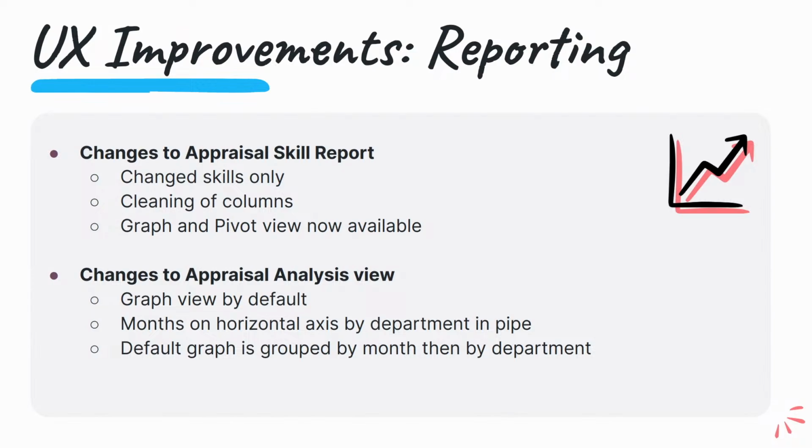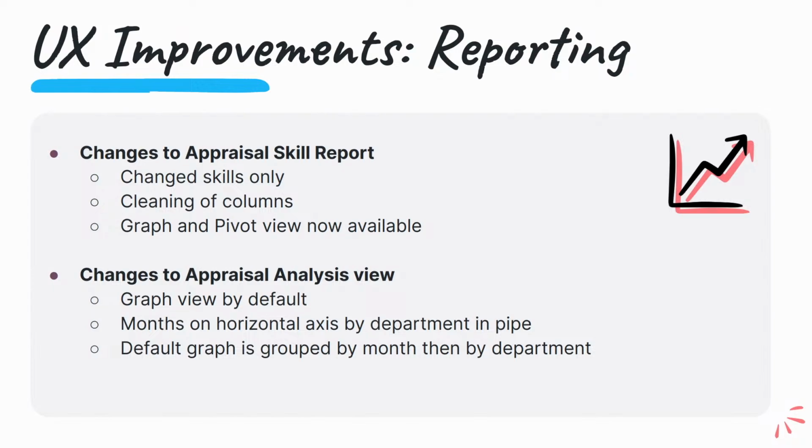It will show you what you changed during the appraisal, because on the appraisal you have skills with a current level, but while you're doing the appraisal with your employees, you might want to change that. You might say, okay, the level in Python development is a bit higher, that kind of thing.